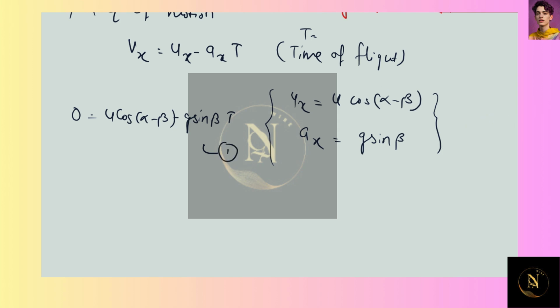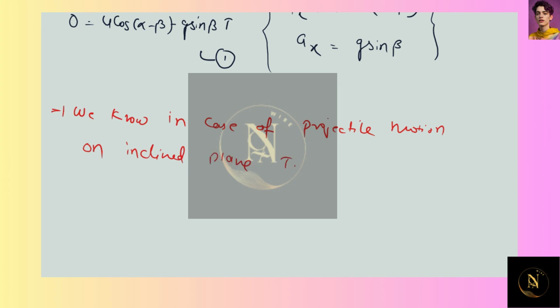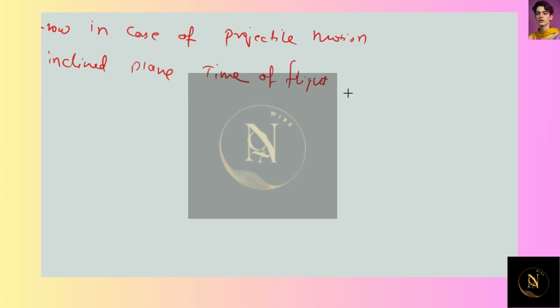Now, as we know, in case of projectile motion on an inclined plane, the time of flight is given by t equal to 2u sin(alpha minus beta) upon g cos beta.